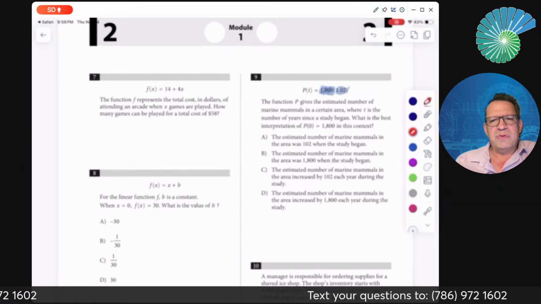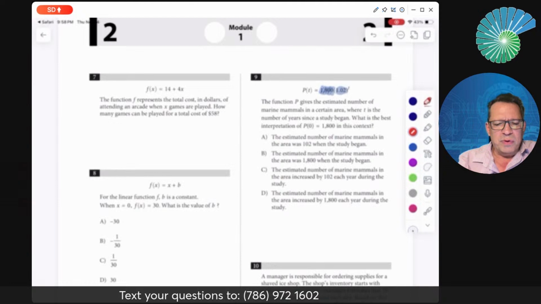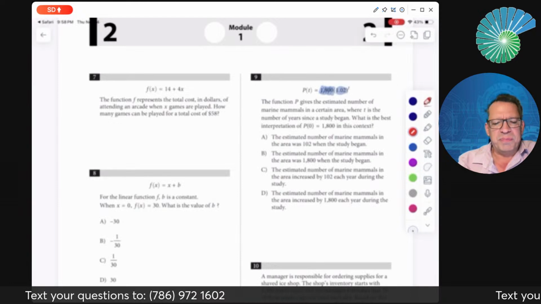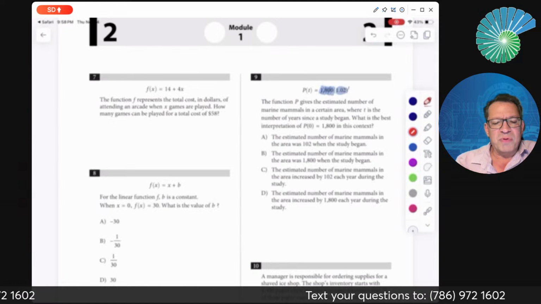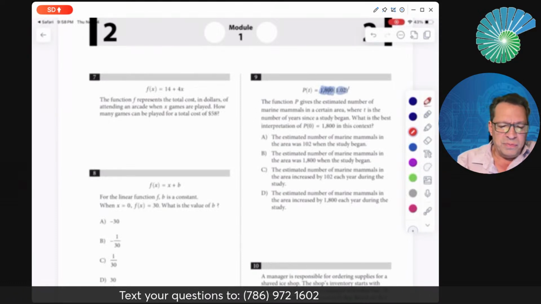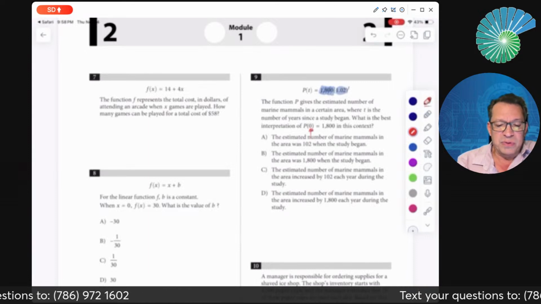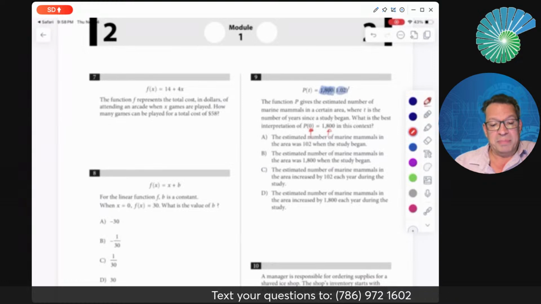Well, in this case, we have to understand the meaning of each variable here. So what is P of t? What is the meaning of P of t? P gives the estimated number of marine mammals in a certain area. So at 0, that means time is 0, there are 1800 mammals.